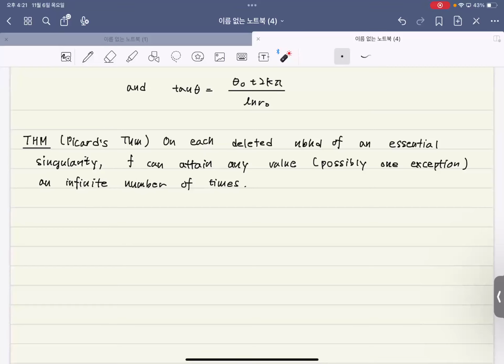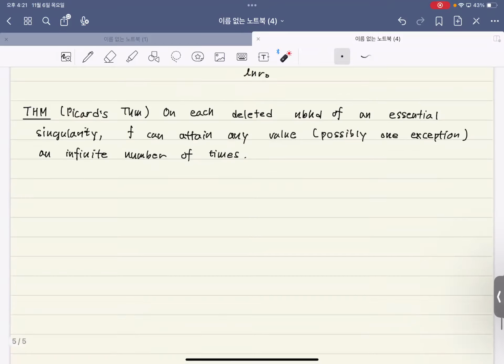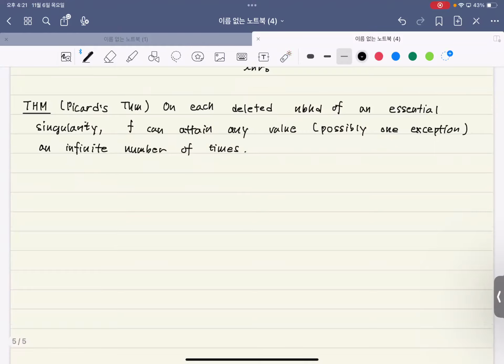So let me just take this for granted. And because of this, I don't want to deal with the essential singularity. Okay, so this is about the singularity.